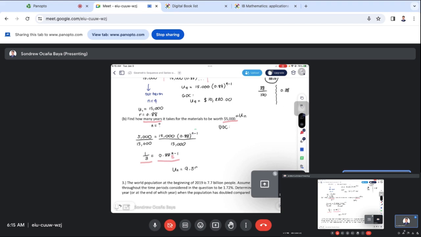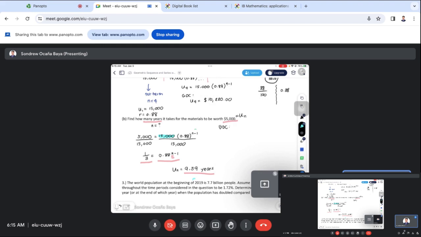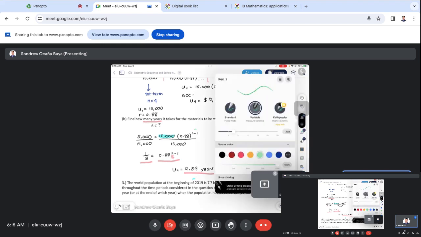years. Now let's analyze. In this 9.59 years, take note that in this solution, I'm using 15,000 as my first term, by which 15,000 is actually year 0.